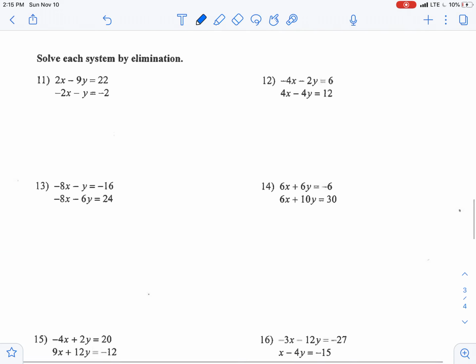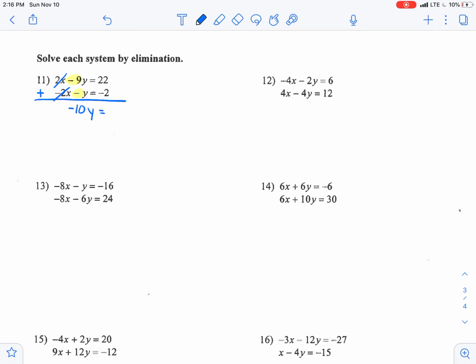So what we're wanting to know is if I add, because we're always going to add down, if I add down, will either my x's or my y's eliminate? Well, I have 2x minus 2x, so when I add down, those eliminate. Okay, so we're adding them just like regular numbers. If I take now a negative 9 and a negative 1, and I put them together, I get a negative 10.